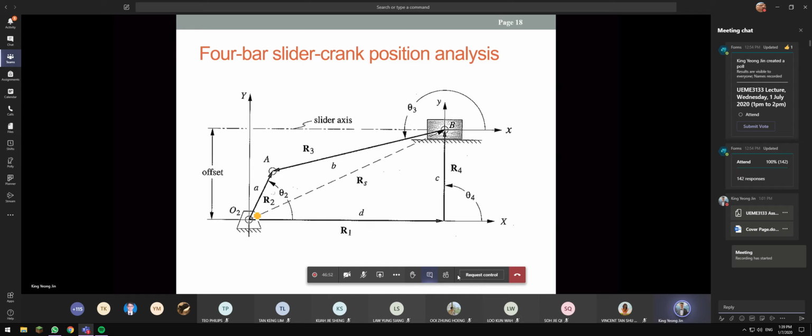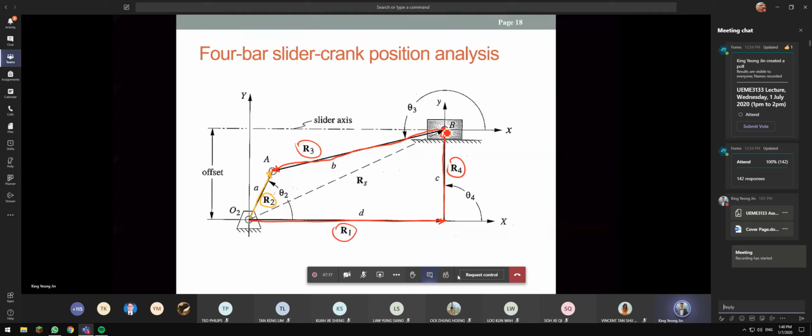In this case, you define this is A or R2. Then we have the R1, R4, and then meeting it here. Sorry, θ3 just now I mentioned wrongly. So we have R1, R4, and R3.